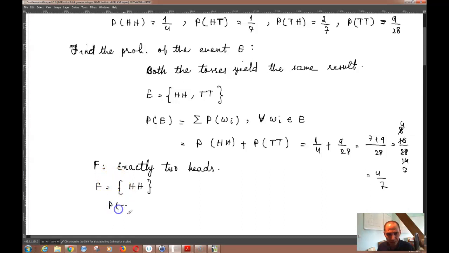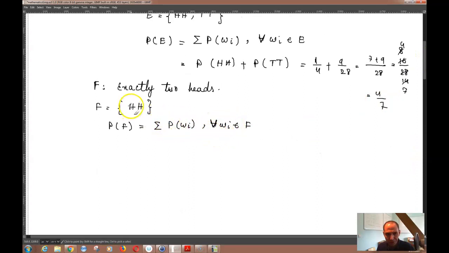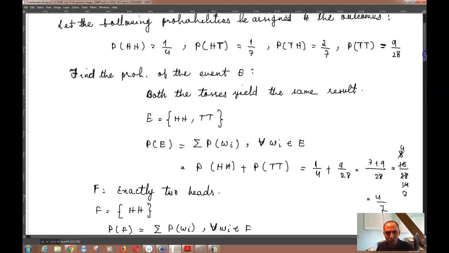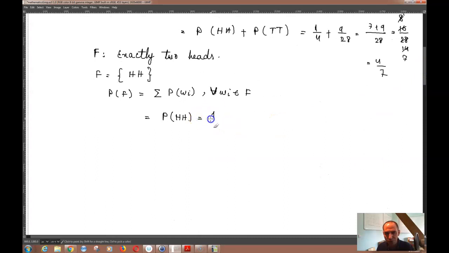Again, P of F would be equal to the sum of P of omega i for all omega i belonging to the set F. That means you would write P of HH, which is equal to, in this case, 1/4, and that's the probability of event F happening.